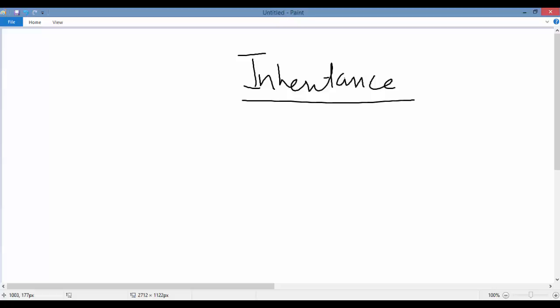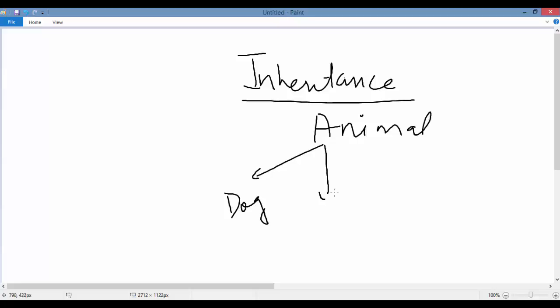Let's say we have an animal class here, and there is a dog class which is an animal, there's a cat which is also an animal, there's a horse which is also an animal. All of these three animals have their own specific characteristics, but they also have very common functionalities, like they have four legs, all of them eat, all of them run, etc. They have their own style, but these are the common functionalities that they have.